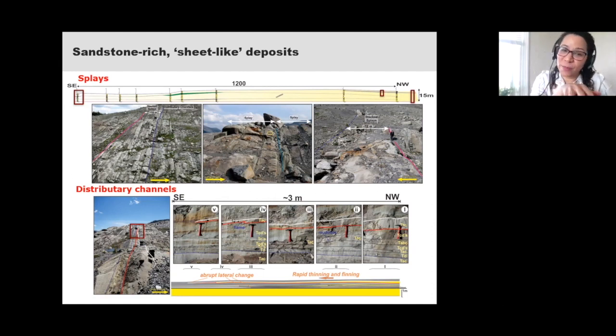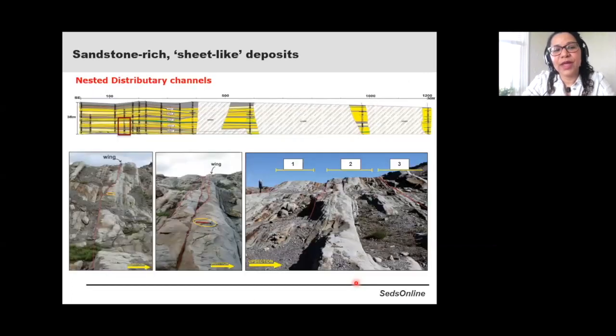These channels, in some places, are just stacked, and in other places, they show a more interesting nested arrangement. And this was a very surprising realization, that what we see here in some of those sheet-like deposits is actually just a bunch of distributary channels cutting into each other. They were distributed all over the place.